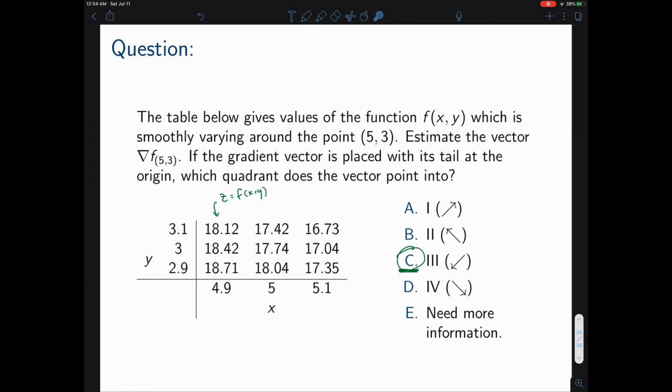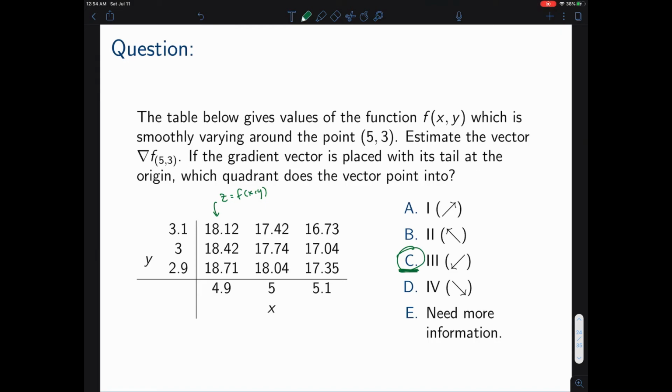Going to the northwest, there's some increase, so that's pointing uphill. But going to the southwest, there's more increase, a larger number. And so that would be the steepest uphill direction for the gradient vector.